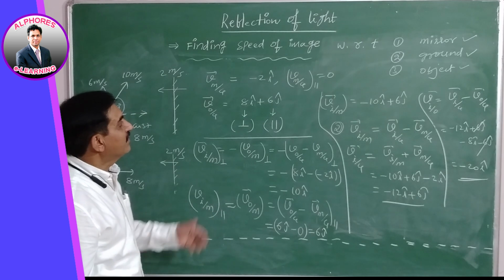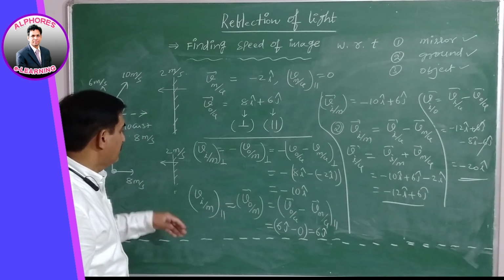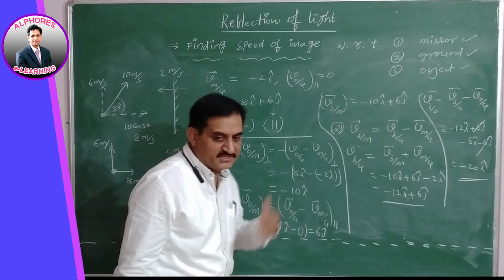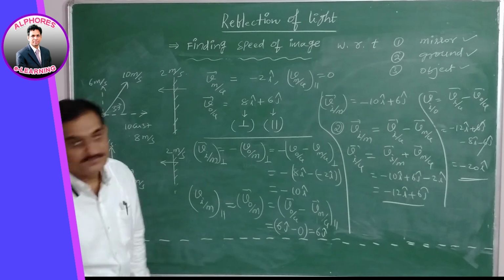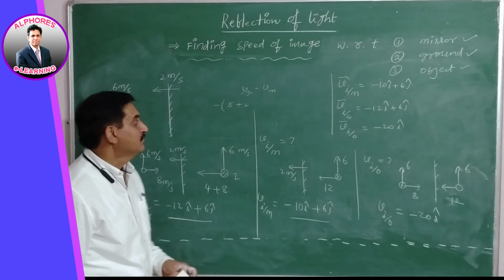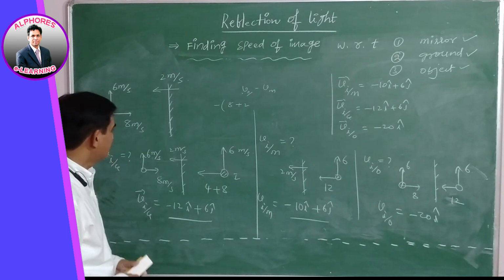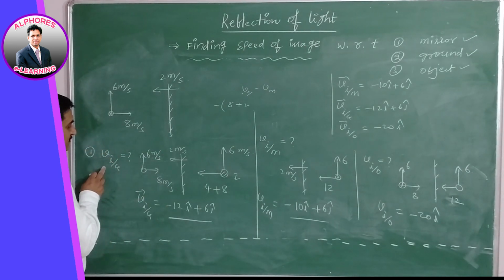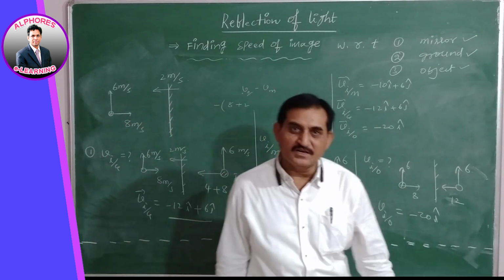Next, let us move on to the general method, by which we again obtain the same answers. Whether they are correct or not, we can verify by using the general method. Here the speed of image with respect to ground I mentioned earlier.